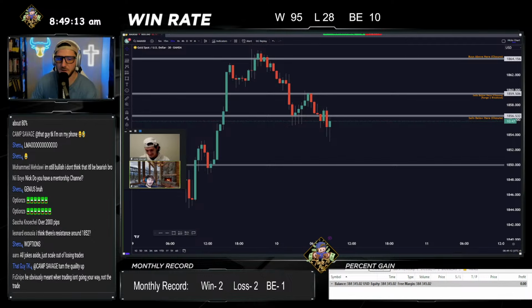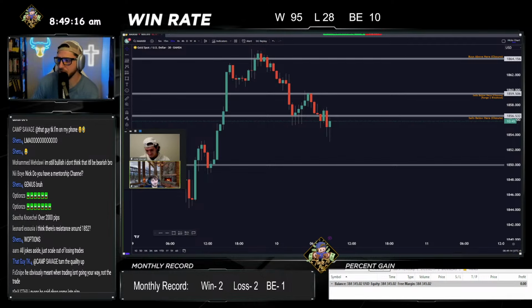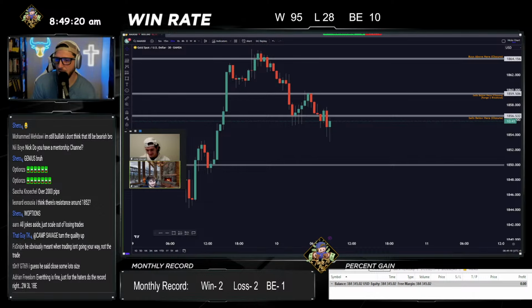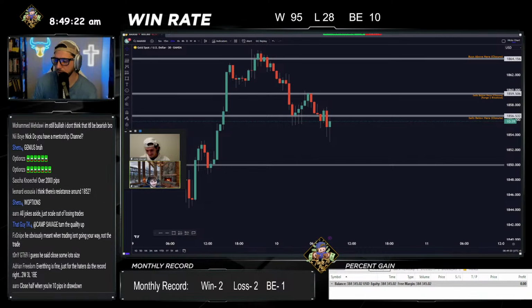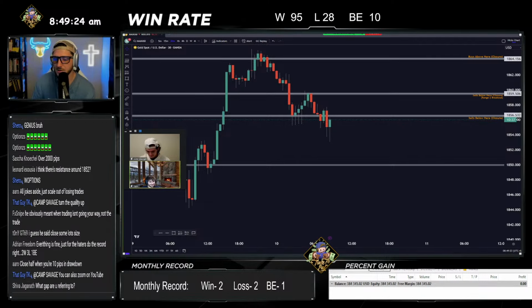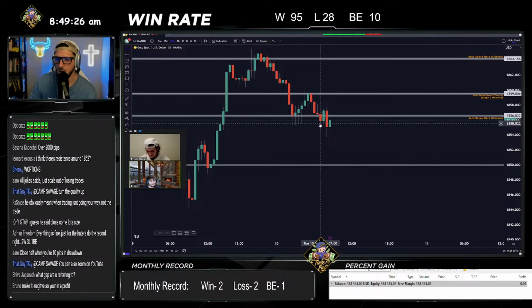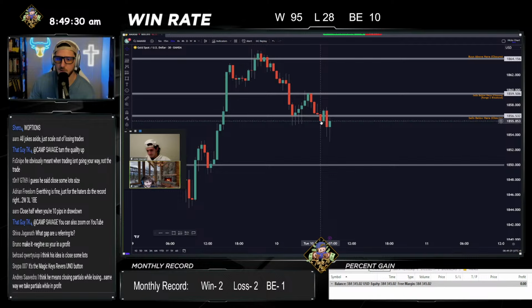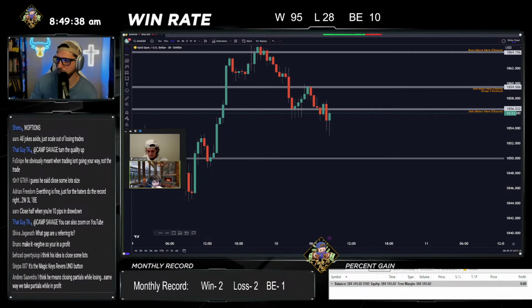Yeah, you can scale out of it though. You can cut partials for sure. I've trialed and error with both of the risk management styles. One being closing partials, like when lower time frame candles make a certain break, let's say a break of the 15-minute high, if we're taking a trade off the hourly time frame.